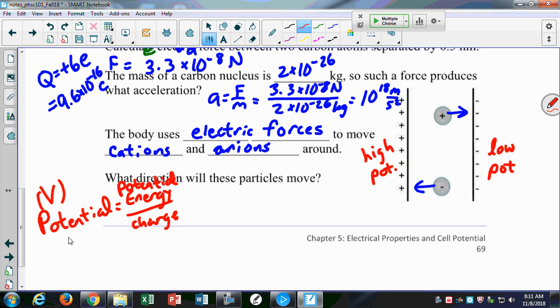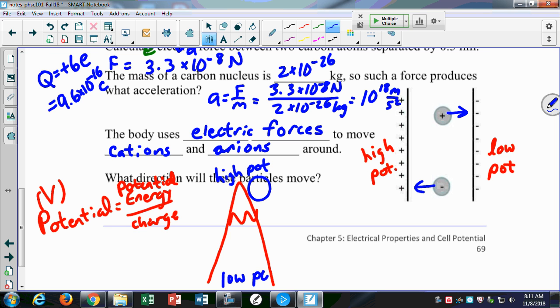Now, the point here is that charges will move either from low to high potential or high to low potential. We've seen this already when we talked about gravitational potential energy. Imagine you have a mountain and an object up here. On a mountain, the top is a high potential, and the bottom is low potential.